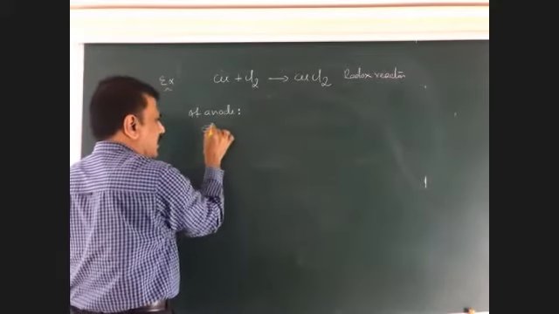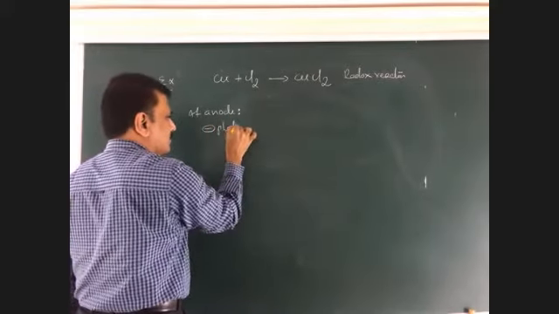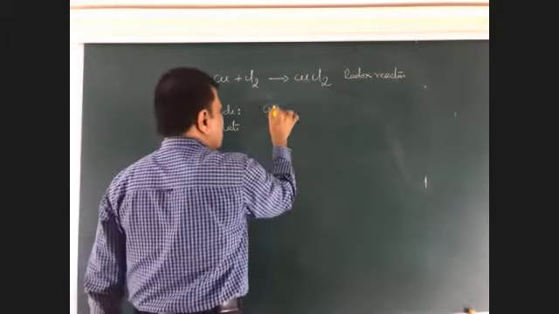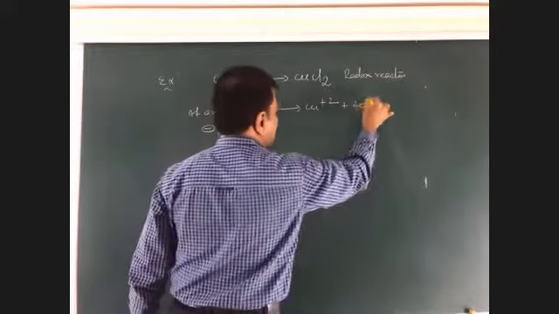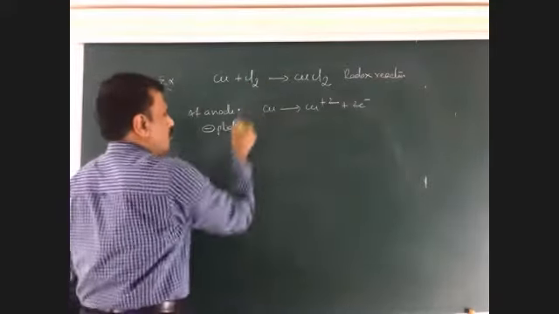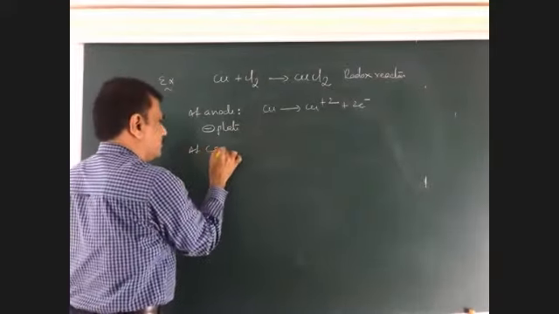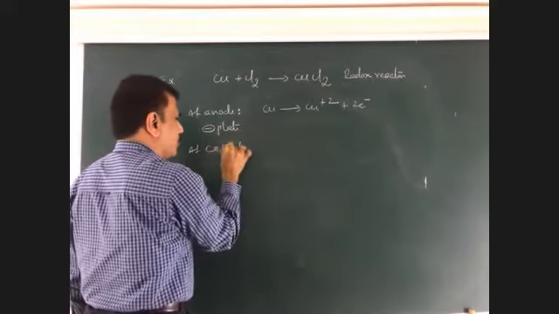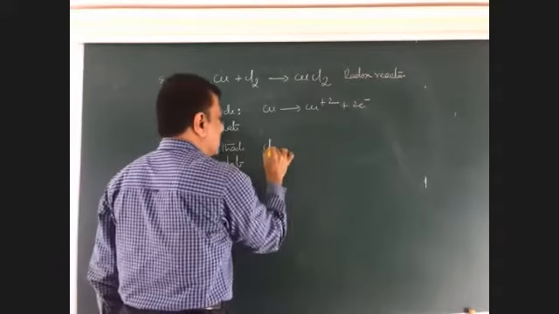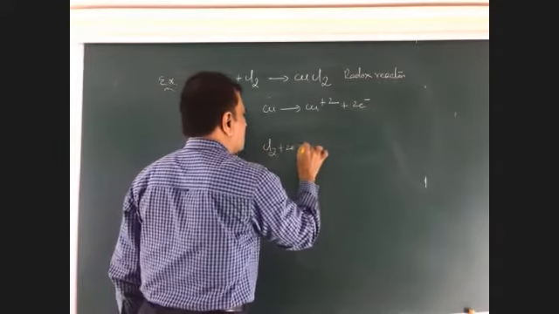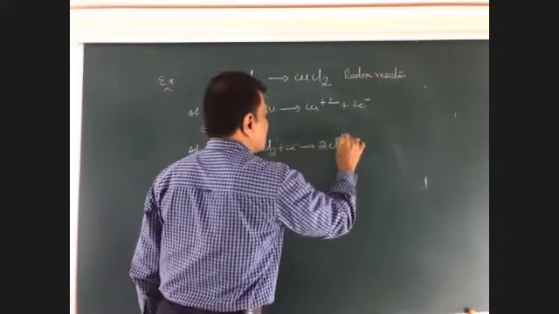That means this is the negative plate. And Cu changes to Cu plus 2 plus 2 electrons. And chlorine is at the cathode, the positive plate. Cl2 takes 2 electrons to form 2Cl minus.